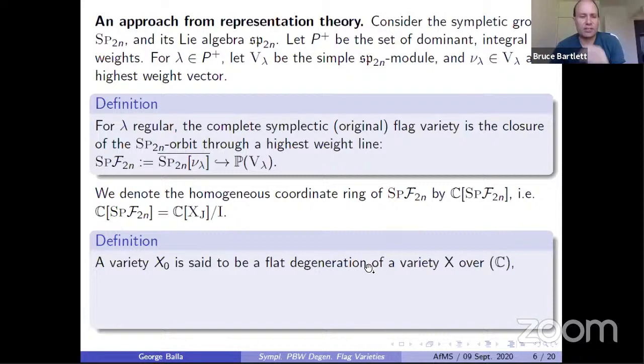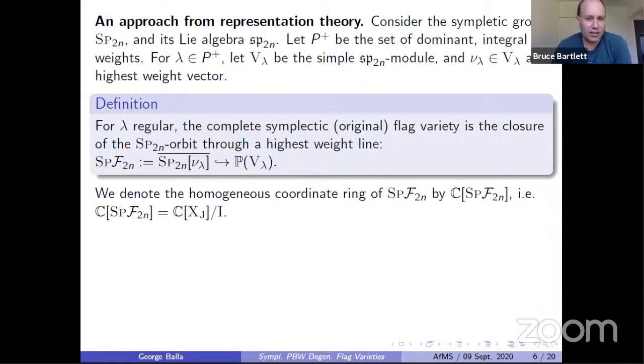Yes, can I ask a question? Yes, please. Okay, so I'm looking at your previous definition. Let me try and understand that. So you've got this highest weight vector, nu lambda. And then we apply the symplectic group to that highest weight vector, so we take all elements in the symplectic group and we hit them on the highest weight vector, and that generates some other vectors in our vector space.